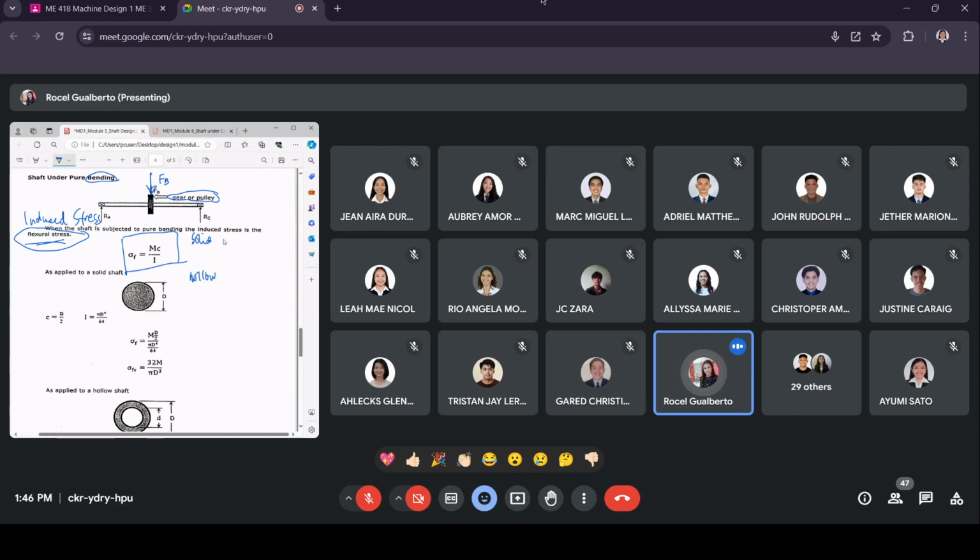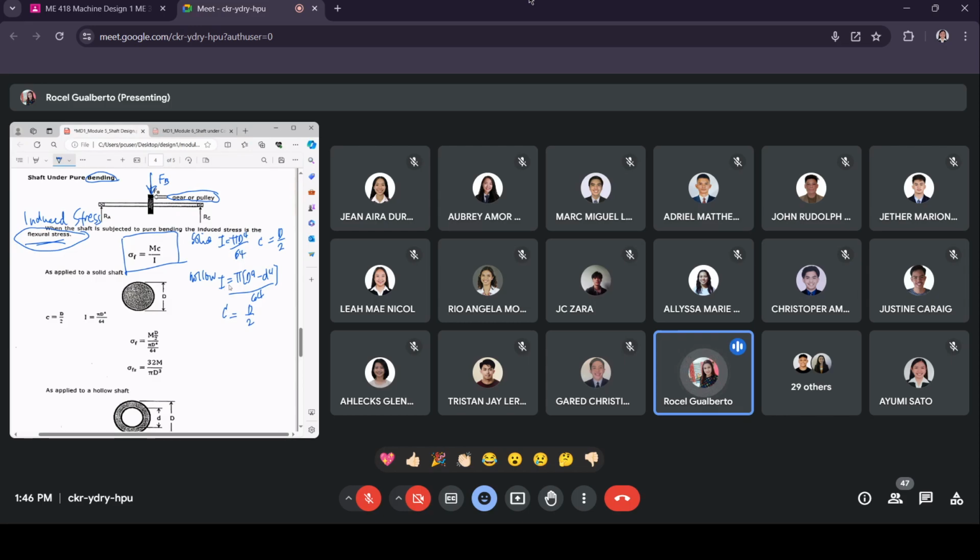For a solid cross-section, I is pi d to the fourth divided by 64, and its C value is diameter over 2. For hollow, I is equal to pi times the quantity D to the fourth minus d to the fourth, divided by 64. And C is just the same, the outer radius, so D over 2.